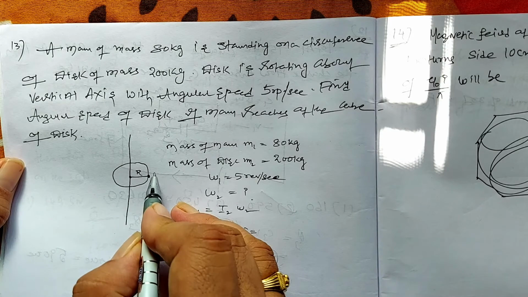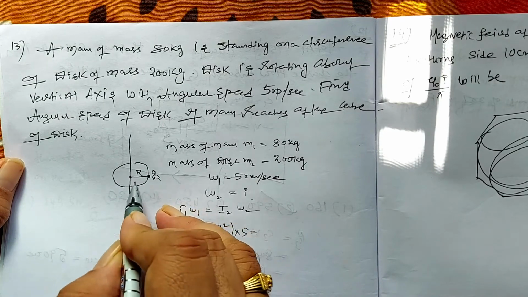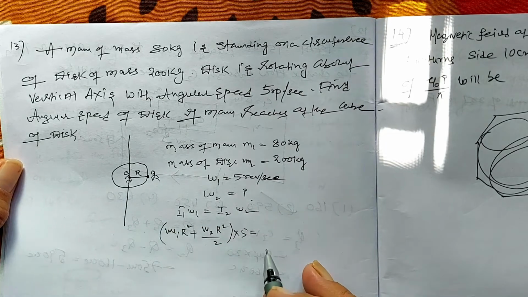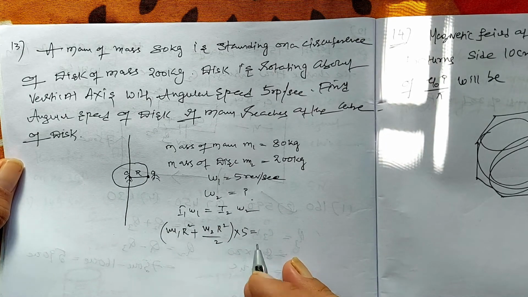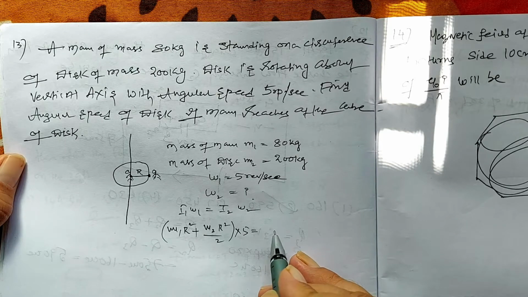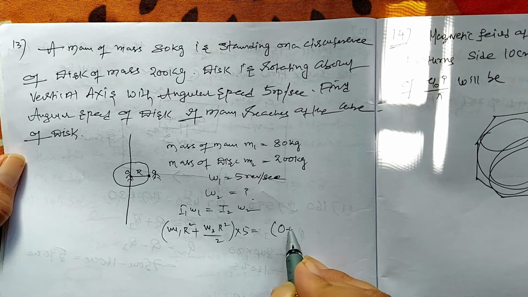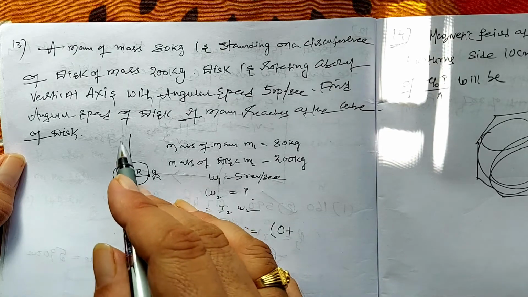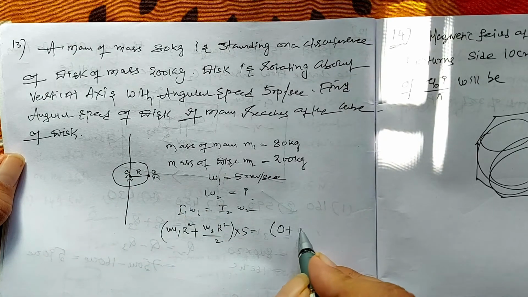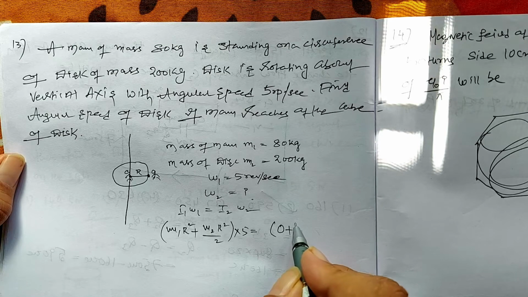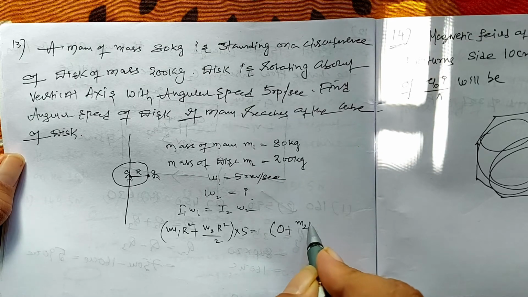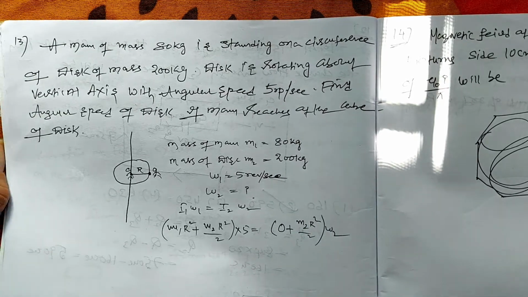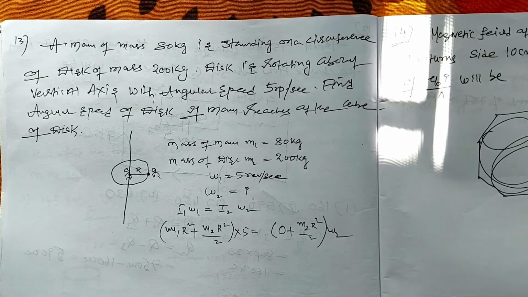When man reaches from this point to this point, his moment of inertia is 0, because r is 0. So 0 plus moment of inertia of disc about diameter, m2 r square by 2, into omega 2.